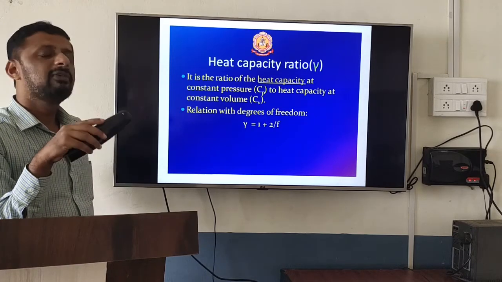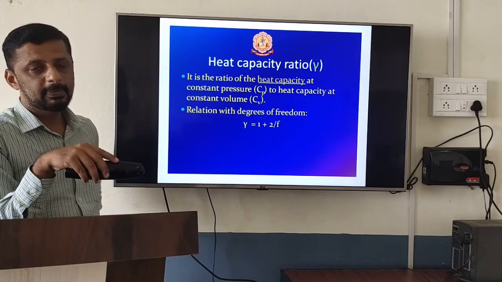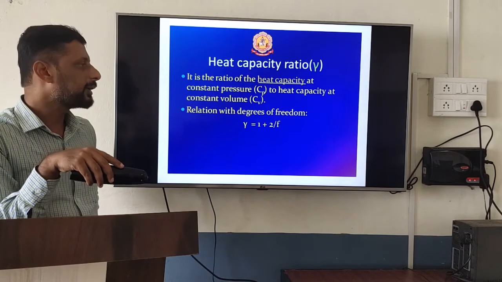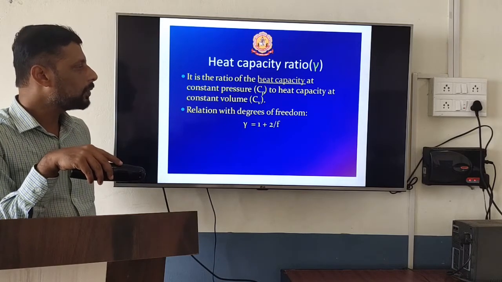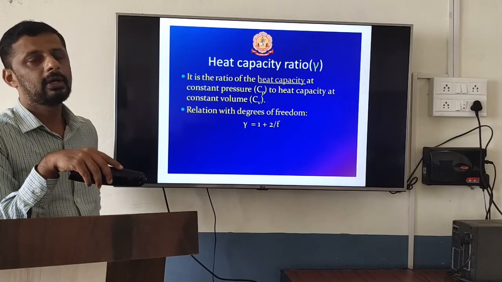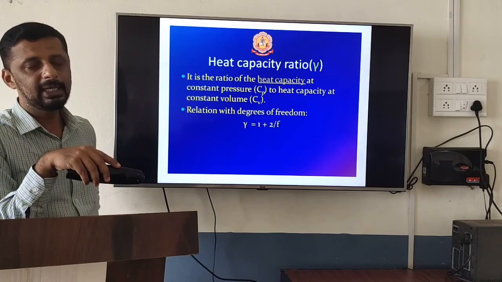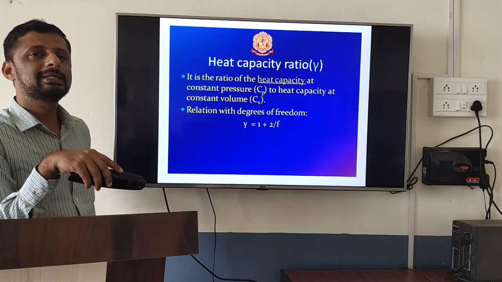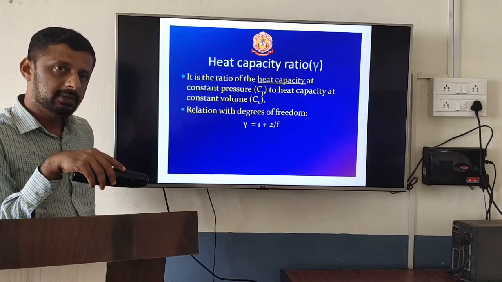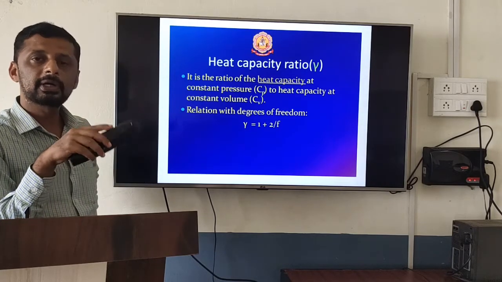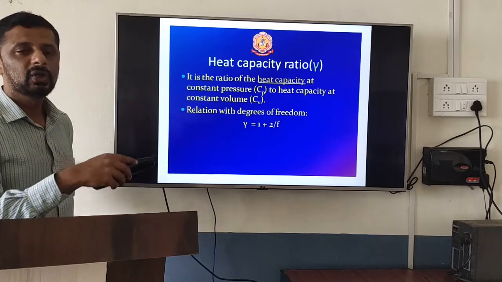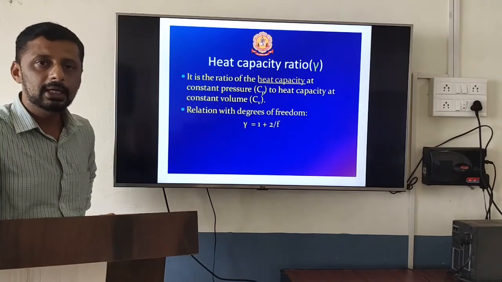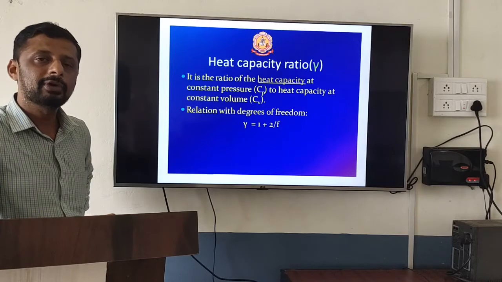There is a formula which relates specific heat ratio as well as degrees of freedom, that is given by gamma is equal to 1 plus 2 divided by F, where F is the degree of freedom. If you know the value of degree of freedom, then you can easily calculate the ratio of specific heat value for a particular type of gas. For example, you already know that for monoatomic gas, degree of freedom is 3.